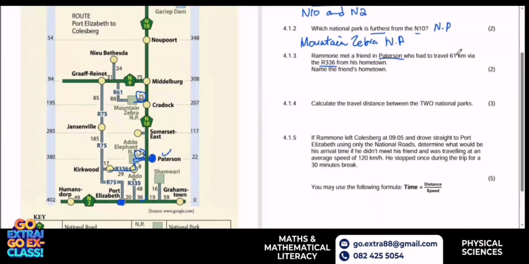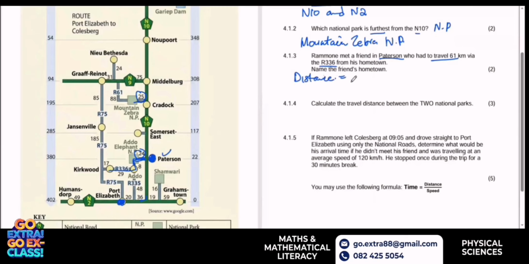We are told that from there he has to travel 61 kilometres. So from Peterson here, if he enters this part, let's check the distance and verify that it gives us 61.